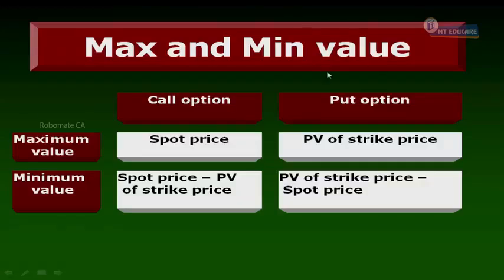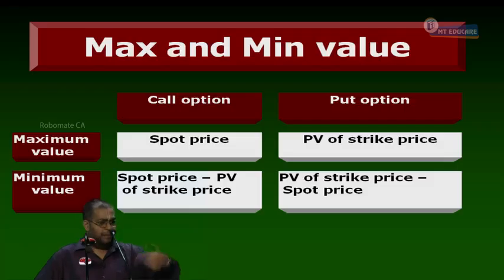Now, this is the first thing we have memorized. We have not yet discussed it. Okay, now let's start our discussion. When I say value, I mean premium, always from now on. For a call option, the premium should not be below some number, and it should not be above some number.